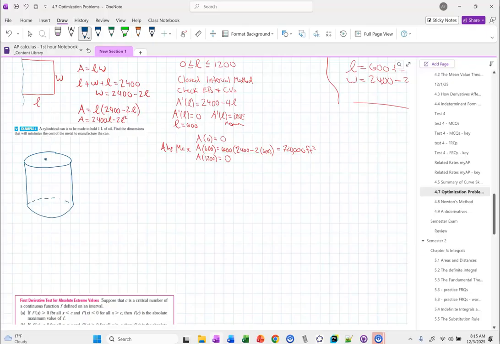Radius and height. So let's call those R and H. Everybody feel good there? And we're told that the volume is 1 liter.